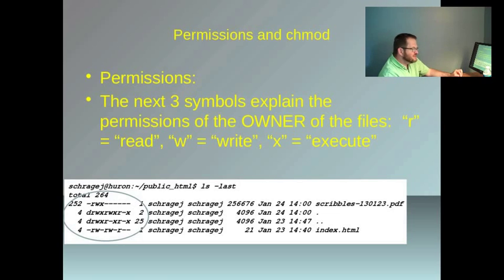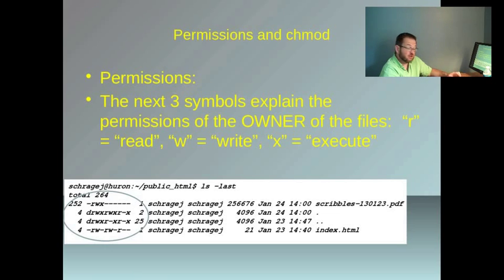And if there's an X, it means I have permission to execute the file. We don't know very much about executing yet. Execute means make the file run. Like you execute word.exe to make Word run on your computer. We'll see more about executing programs later. So like for example, in the case of scribbles.pdf, I have RWX permissions. As the owner of the file, I have RWX permissions.